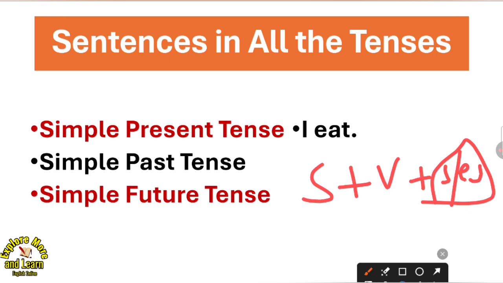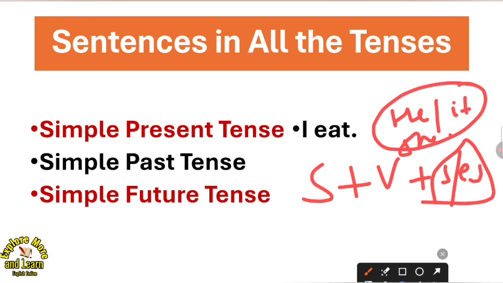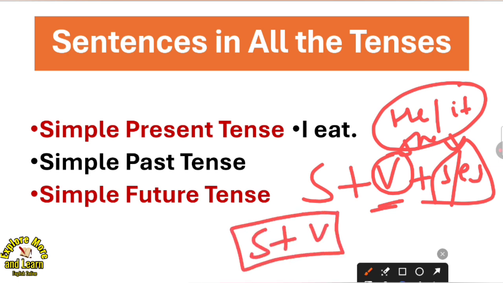For example, if the subject is he, she or it, in that case we use s or es with the verb, otherwise we use the verb as it is. Along with the plural subjects we use this structure: subject plus verb, and if an object is there then the object, like I eat an apple. So this is the structure.